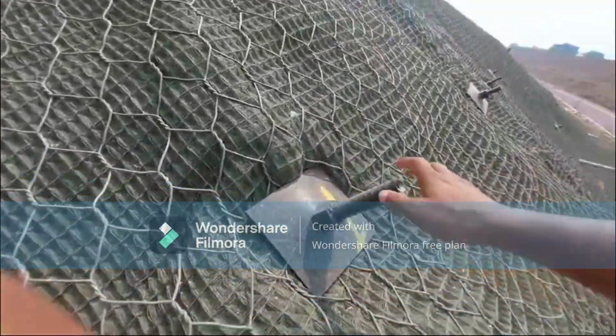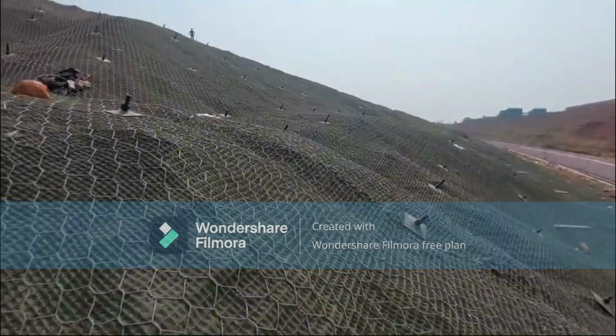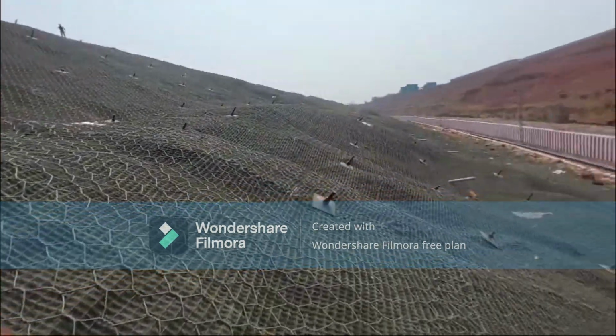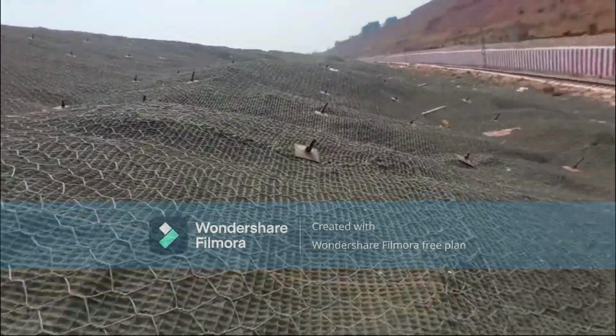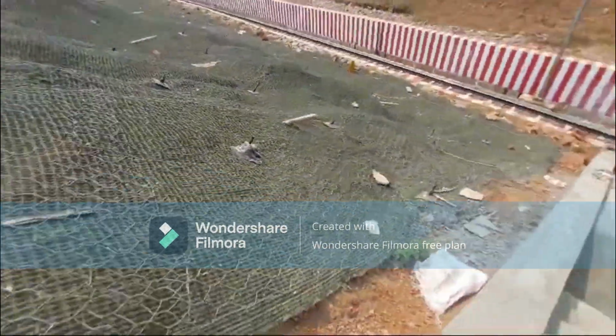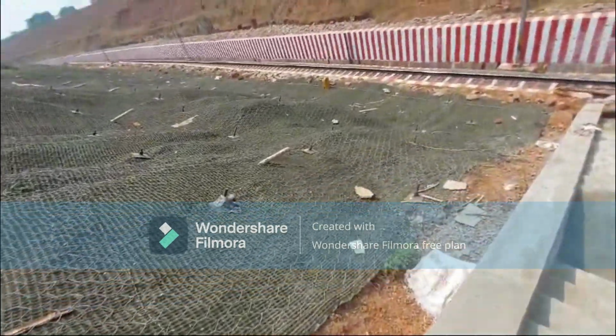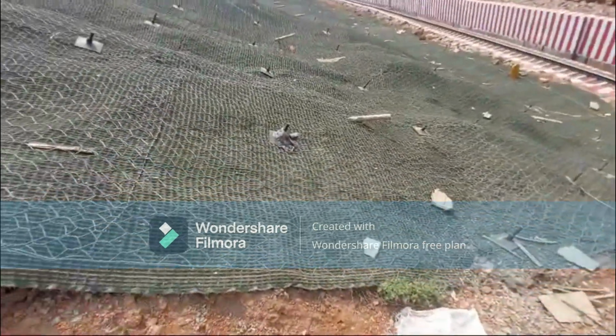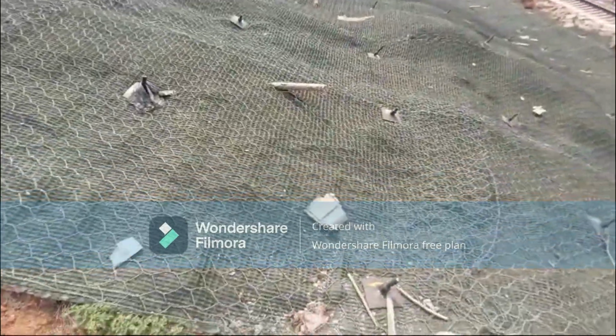Here you can see this nail is provided along the whole length at some spacing, and it is provided only for soil erosion control, and also to control the low pressure of the earth wall.